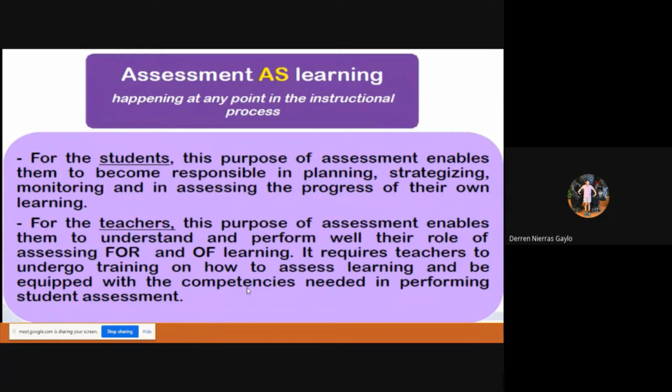For teachers, the purpose of this assessment is to enable them to understand and perform well their role of assessing for and of learning. It requires teachers to undergo training on how to assess learning and be equipped with the competencies needed in performing student assessment. So in assessment as learning for teachers, it's more on getting feedback on how they taught the different subjects, for them to reteach if there is a need, or to change strategies so that the students will learn more.